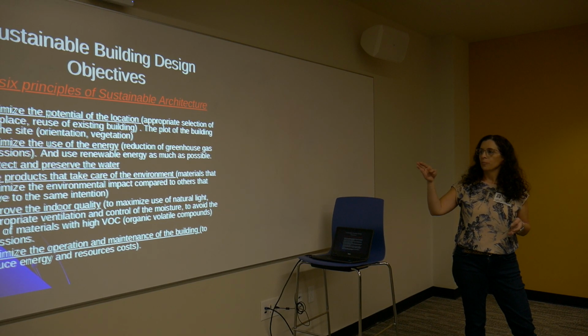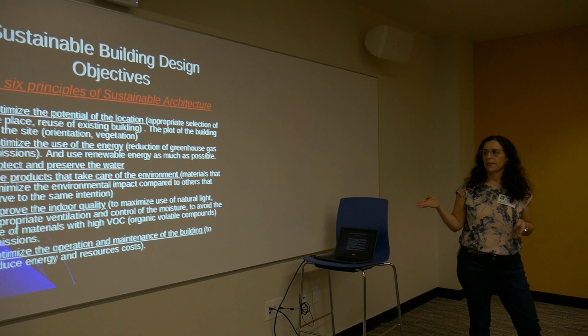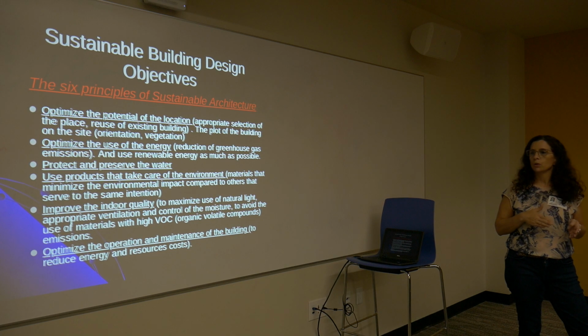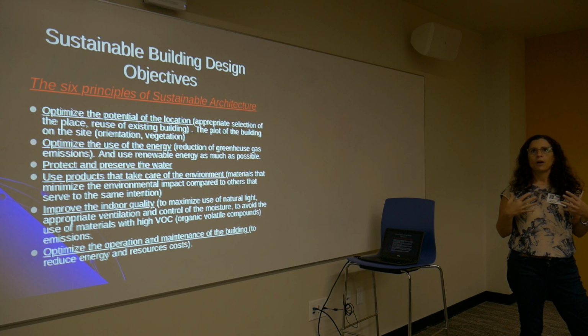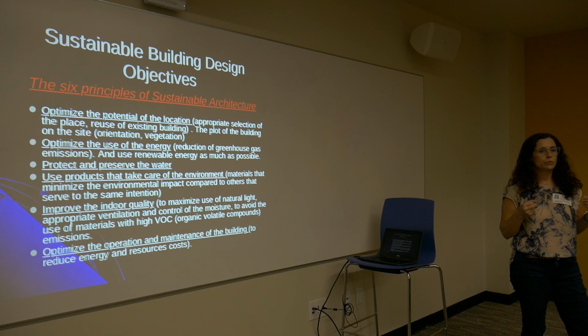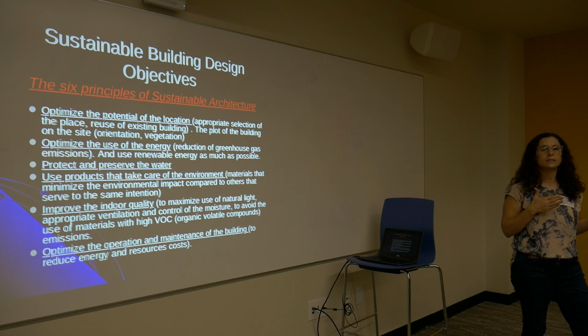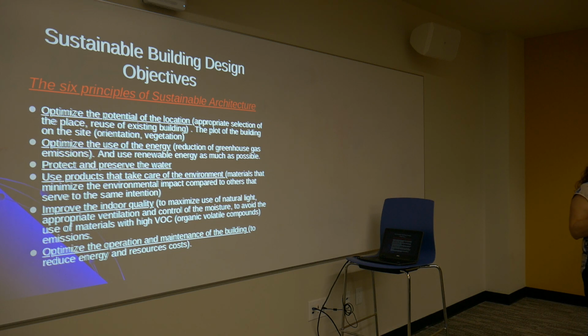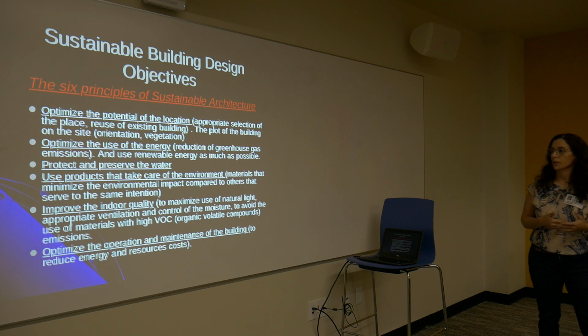And then optimize the use of energy, and that is from the design point of view. When you are designing your building, how to use as much as possible passive systems in the design, so you have to use less mechanical systems, which are the ones that use energy, obviously.